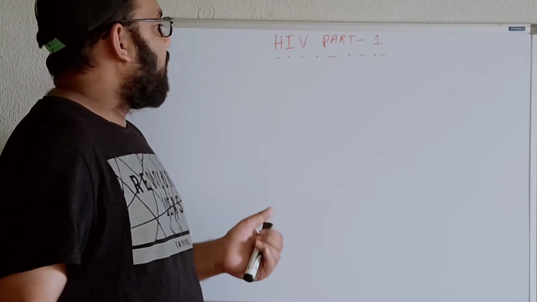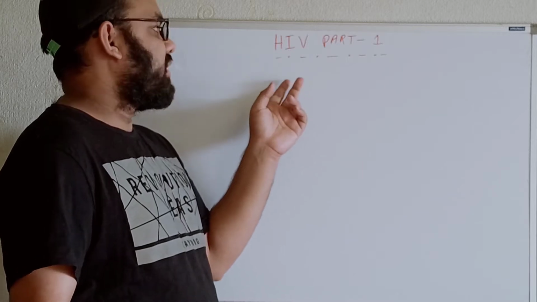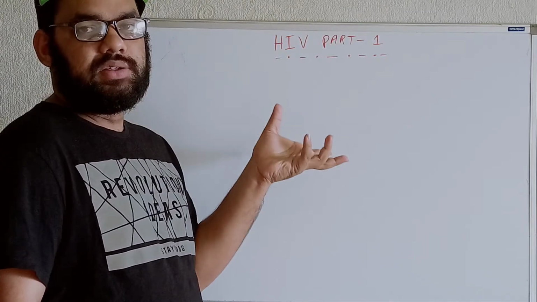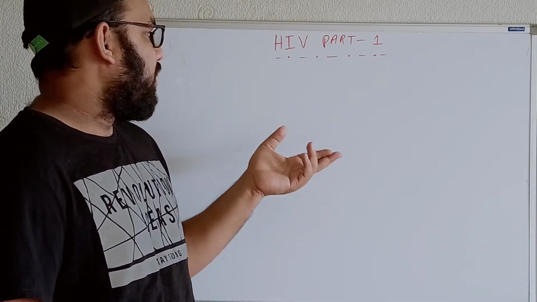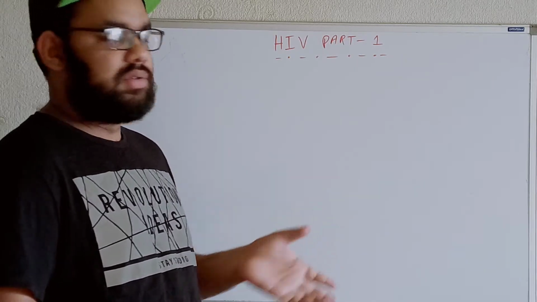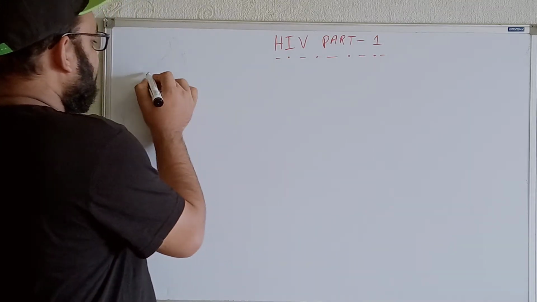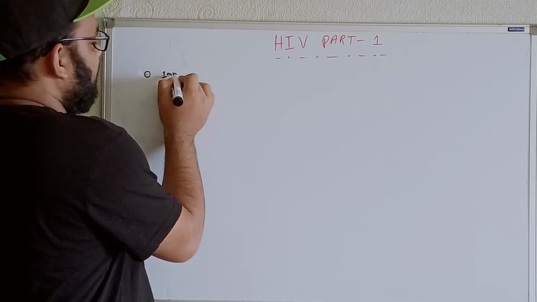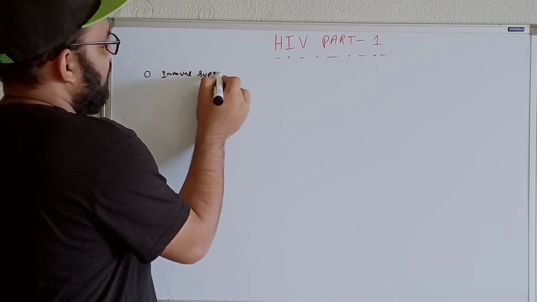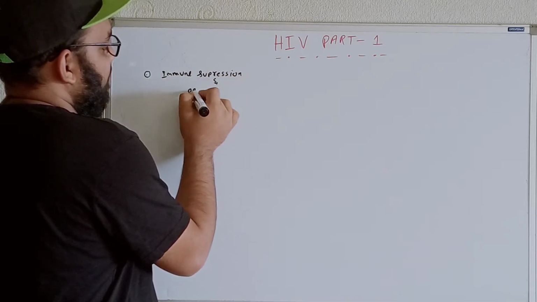Okay. Now, whenever we are talking about HIV, as we know, it is the human immunodeficiency virus, and when we get this type of problem, whatever the problem is, we can see from the name, it's easy to understand. It will cause immune deficiency, so we'll get immune suppression. Whenever we get immune suppression, at that time the chances of various kinds of opportunistic infections will be increased.